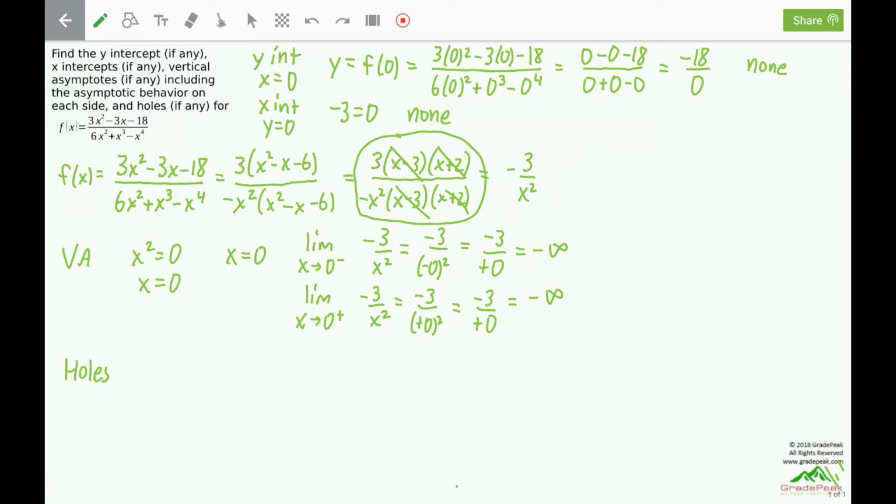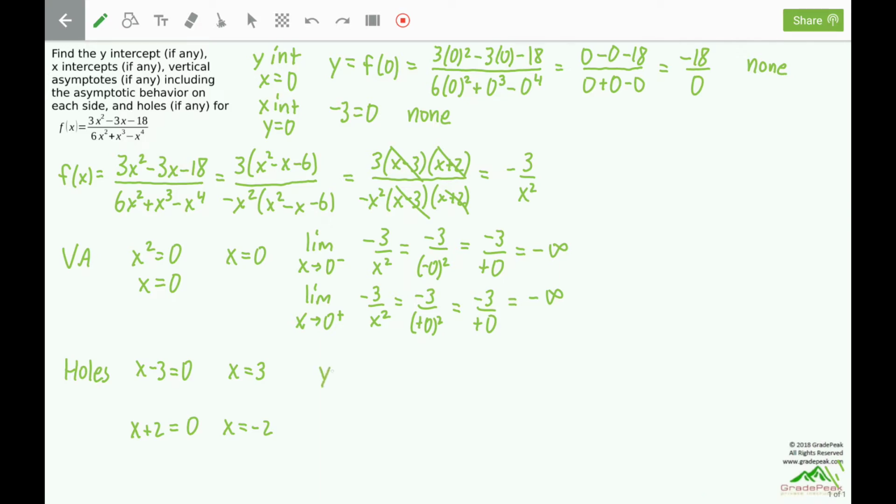It fully canceled out with all of the x plus 2's in the denominator. Each of those set equal to 0. We'll solve for the x-coordinate of each of the holes.